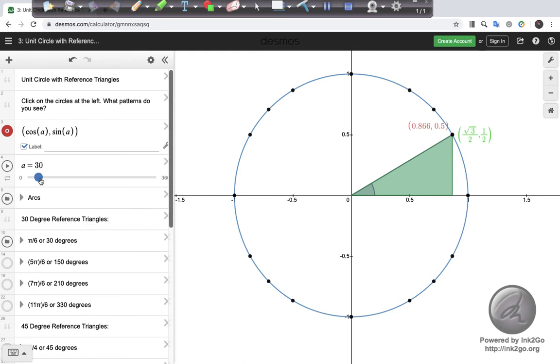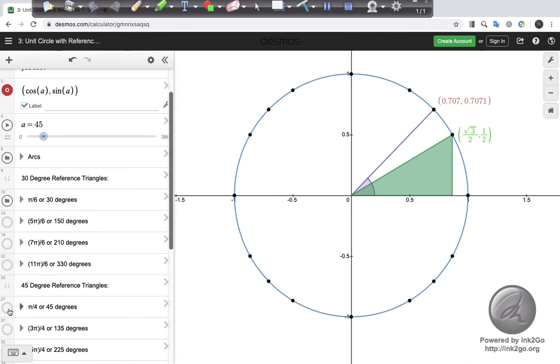As we continue rotating around the circle, we hit the next point, which is what's reached when we've rotated 45 degrees, or pi over 4 radians. And we can see here again these decimal approximations of the outputs, which give us the x and y coordinate, or the cosine and sine of the amount of rotation around the unit circle.